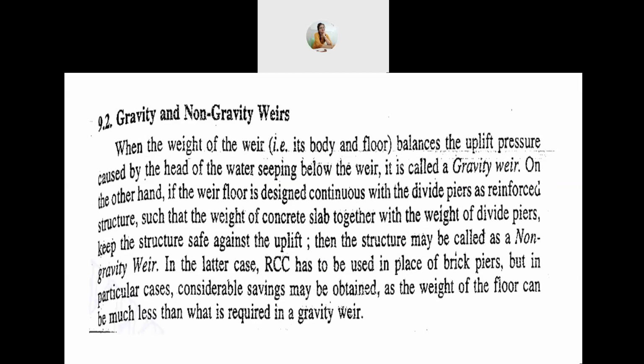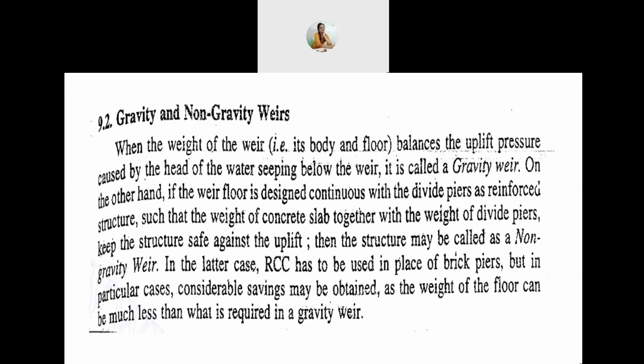Next, gravity and non-gravity weirs. When the weight of the weir, that is its body and floor, balances the uplift pressure caused by the head of the water seeping below the weir, it is called a gravity weir. On the other hand, if the weir floor is designed continuous with the divide piers as a reinforced structure, such that the weight of the concrete slab together with the weight of the divide piers keeps the structure safe against the uplift, then the structure may be called a non-gravity weir.